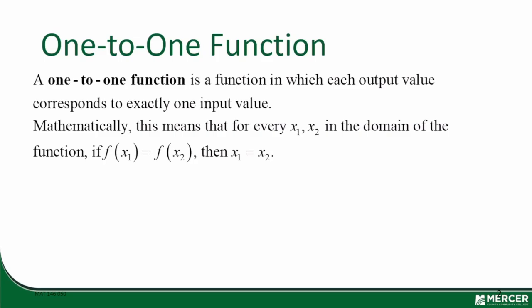There's also the idea of what's called onto functions. A function is onto if every element in the codomain has an element in the domain that goes to it. So the codomain equals the range.